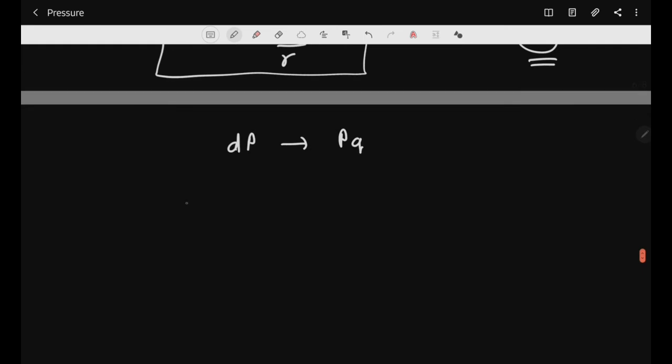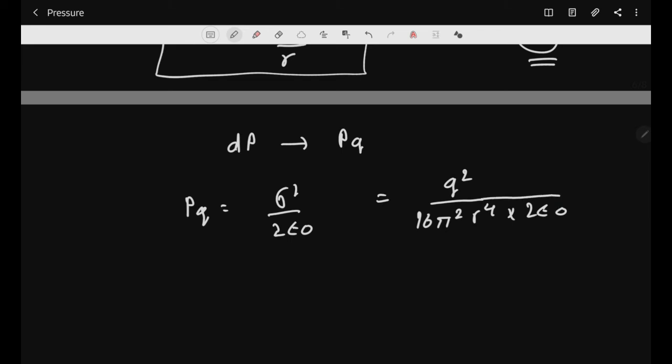Now we know that the pressure due to the charged particles is nothing but sigma square divided by 2 epsilon naught. If we substitute the value of sigma square, we will get q square divided by 16 pi square r raised to 4 into 2 epsilon naught.